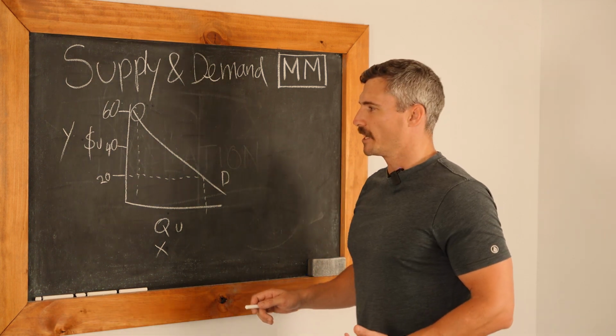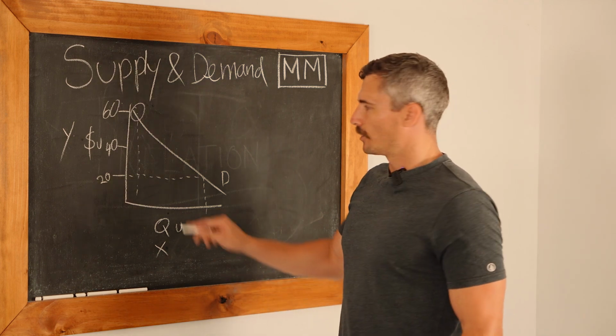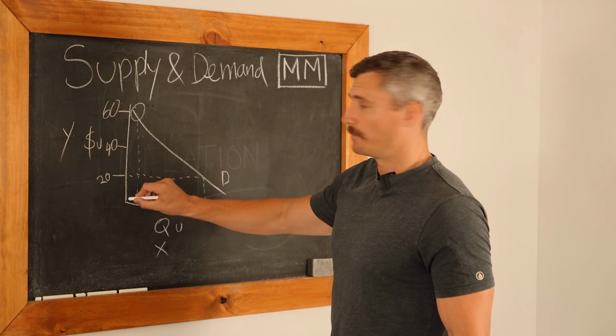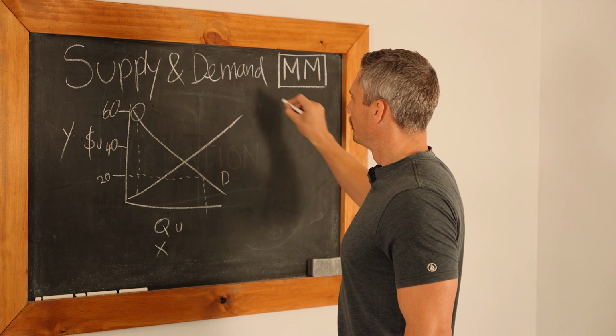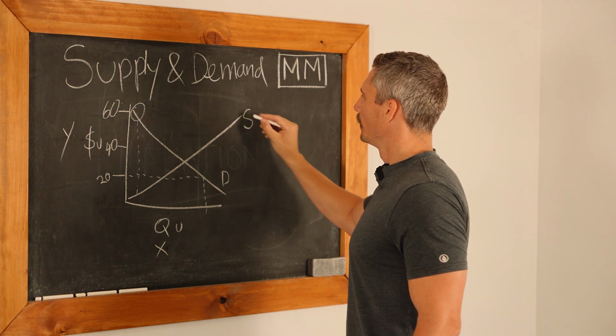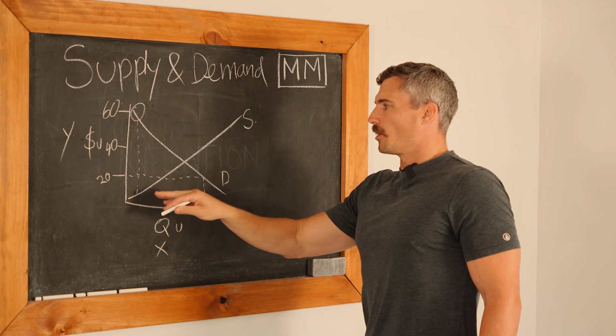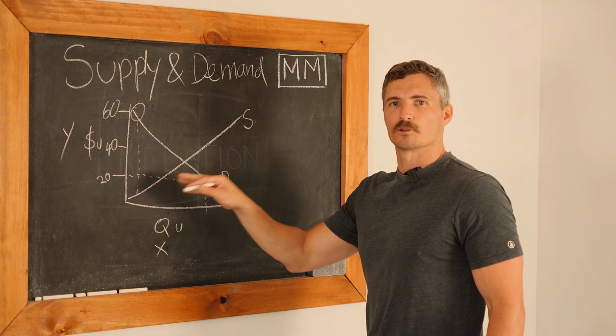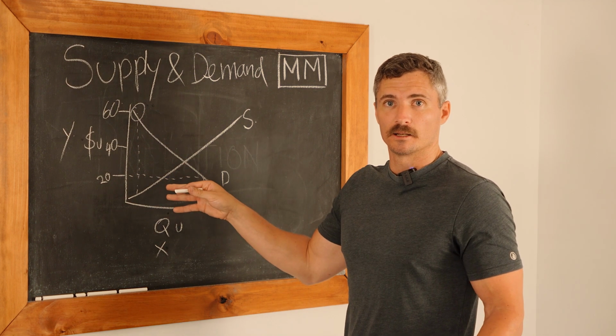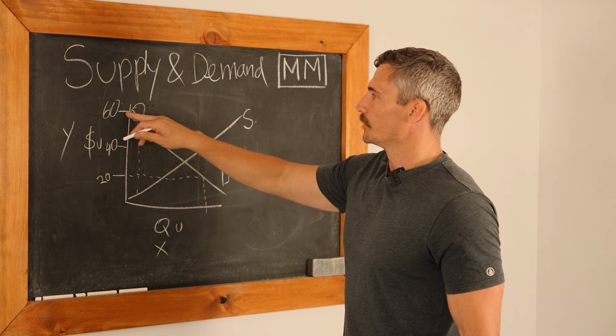What we're going to do from here is introduce the supply curve, which slopes up. S for supply. Now what this highlights is how many haircuts are able to be produced in the market at these different price points.